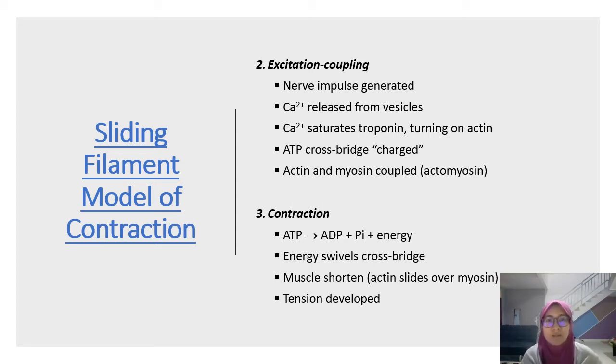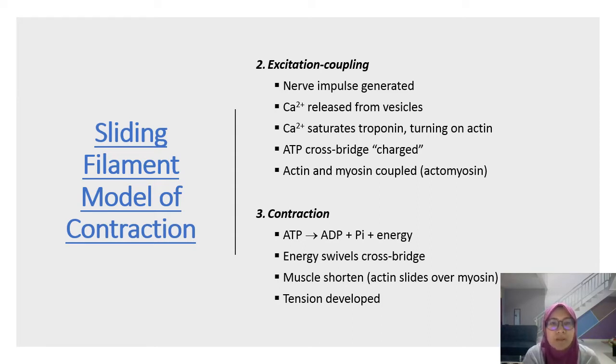Calcium ion is released from the vesicle. Vesicle means the SR. Calcium ion saturates troponins. Calcium ion will combine with the troponins, so it will turn on the actin active site. ATP cross bridge charged, actin and myosin coupled.